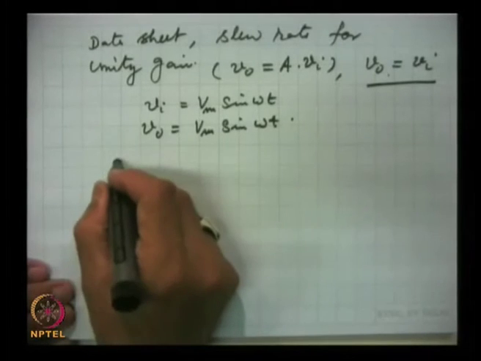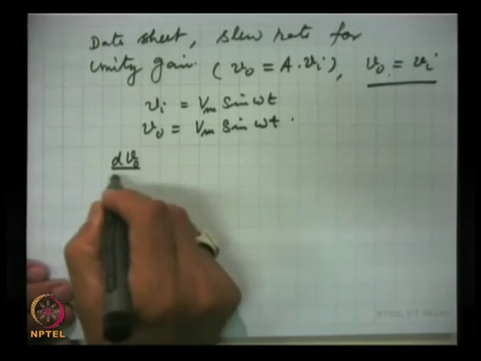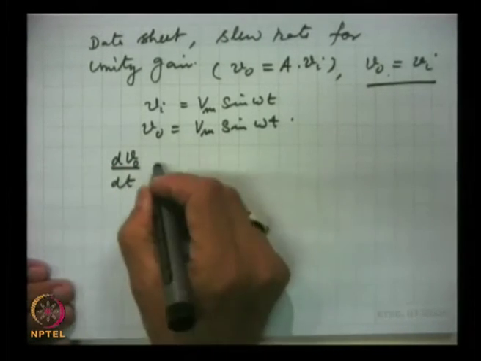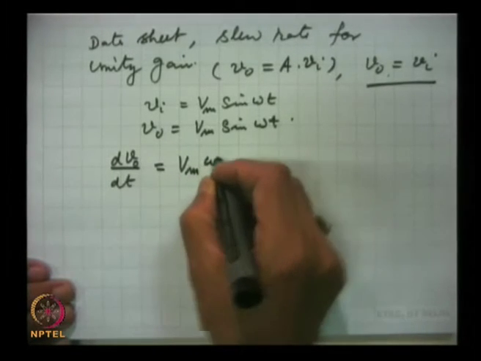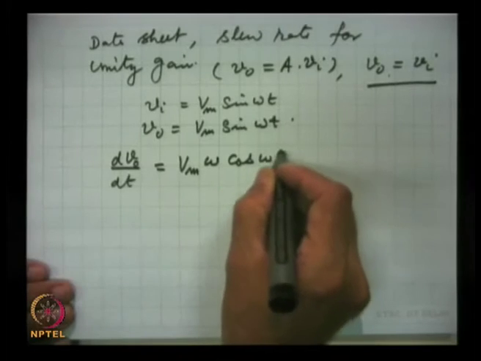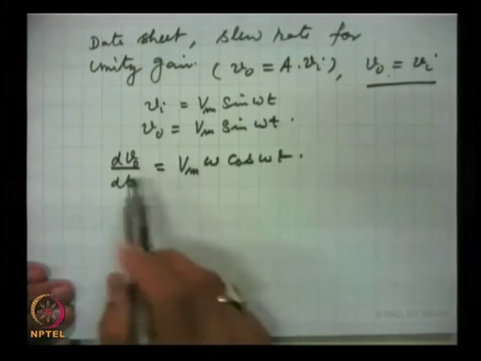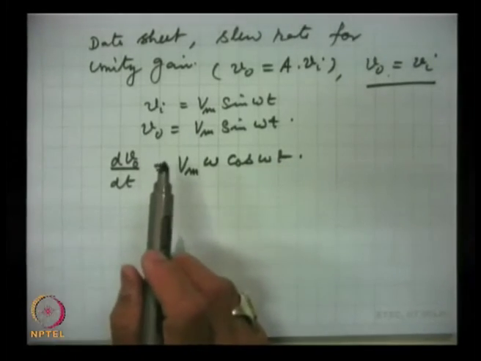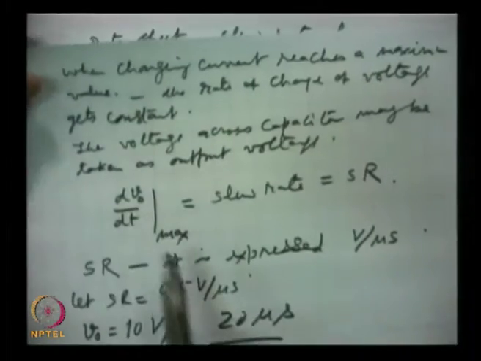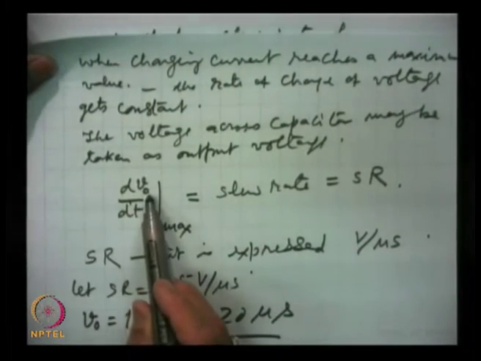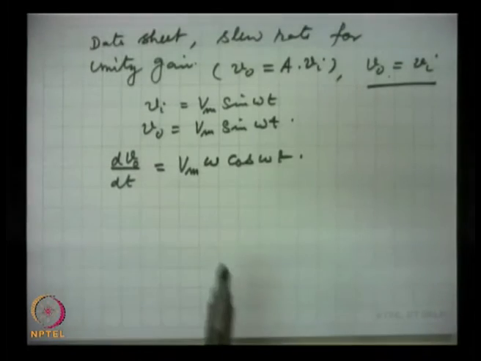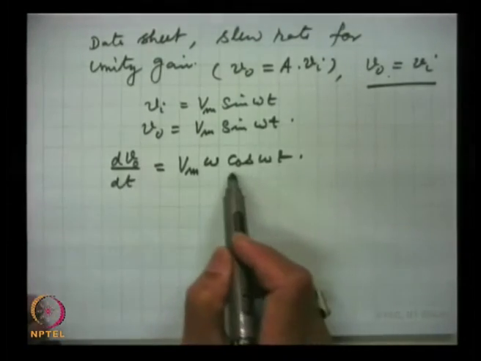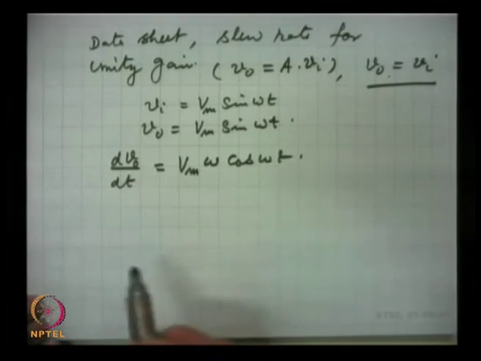Then dV0 by dt will be Vm omega cos omega t, and we said slew rate we define when dV0 by dt, the rate of change of output voltage, is maximum. So, this is maximum when cos omega t is 1.